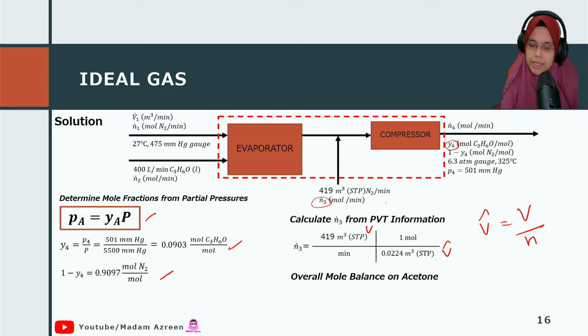And then we come back to our material balance. We do an overall balance for acetone, which is how much goes in equal to how much goes out. So when we have N2 input equal to output, the mole fraction of acetone times N4, we can get the value of N4.